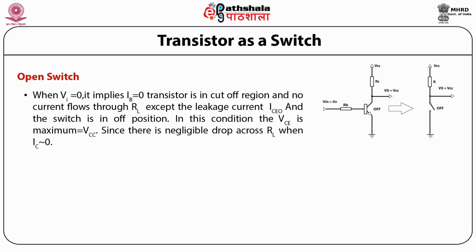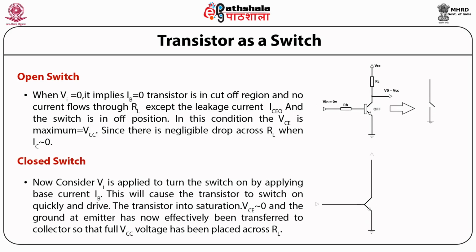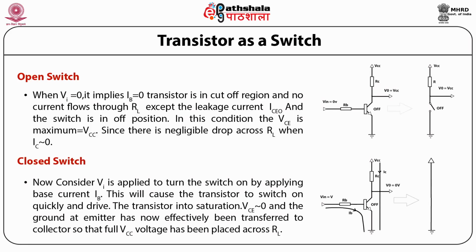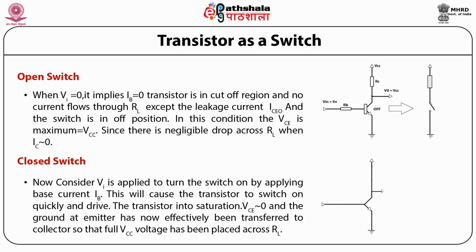So in this condition, the VCE is maximum, which is equal to VCC, and there is negligible drop across RL since IC is approximately equal to 0. Let us now consider the closed switch case. Here consider Vi, which is applied to turn on the switch by applying the base current, that is IB.